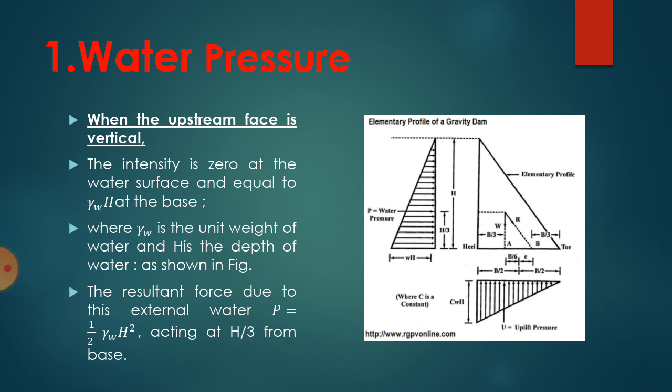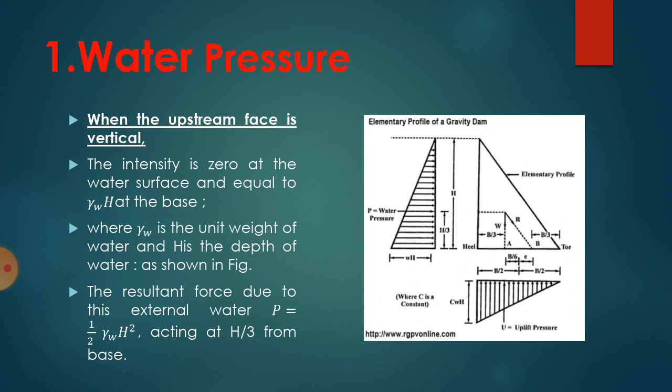Here the intensity is 0 at the water surface and equal to gamma W H at the base, where gamma W is the unit weight of the water, and H is the depth of the water as shown in the figure.